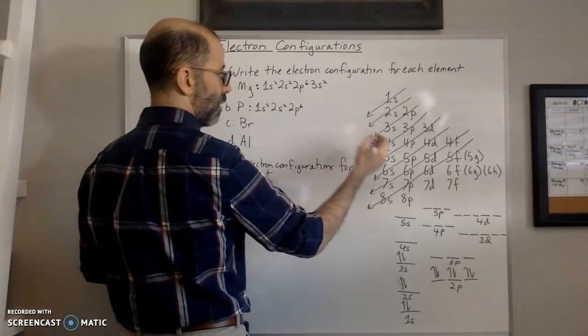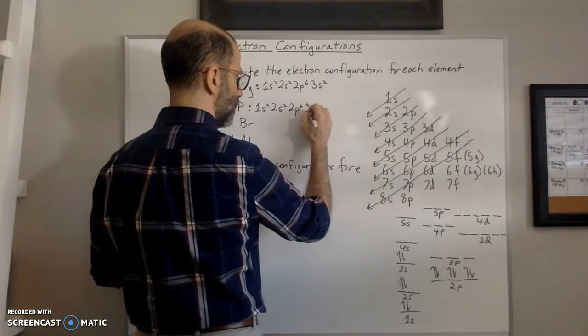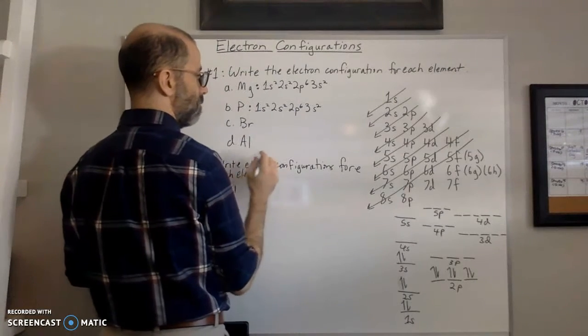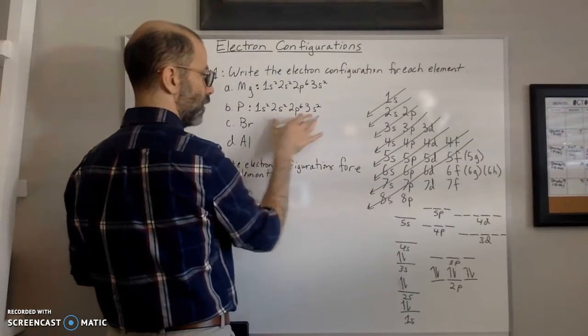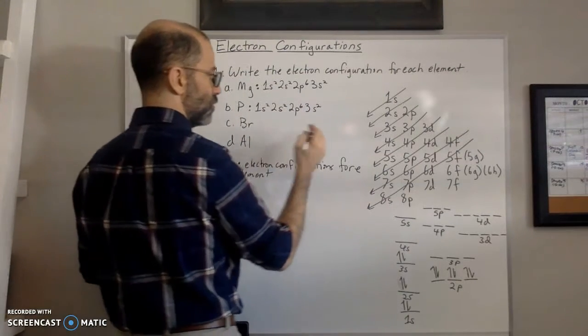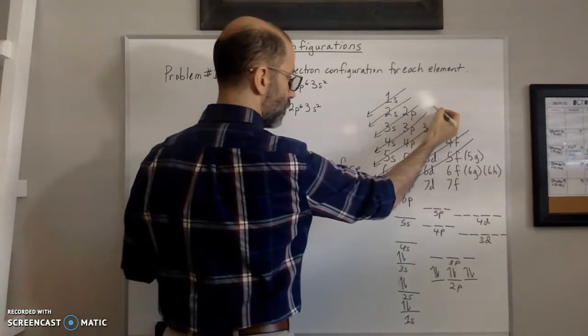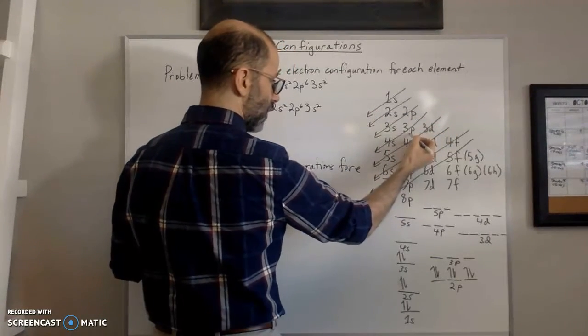And then I'm going to do the 3s. 2 electrons are going to go in there. So that's 12. I have 3 more electrons. So I'm going to go from the 3s, and then I'm at the end of the arrow, so I go up here, and it's going to be the 3p.